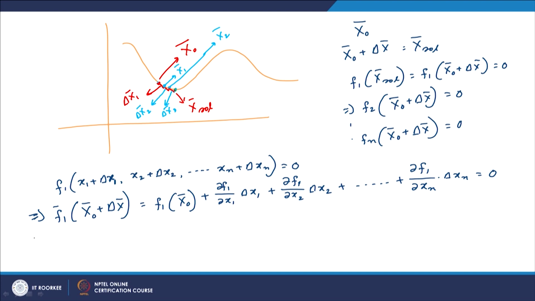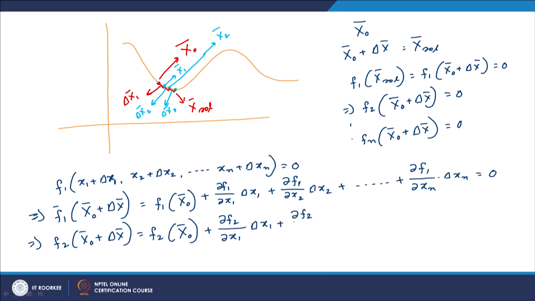Similarly, for f2, f2 of x naught plus delta x is equal to f2 of x naught, again the standard Taylor series expansion, plus del f2 del x1 into delta x1 plus del f2 del x2 into delta x2 plus and so on, del f2 del xn delta xn is equal to 0.